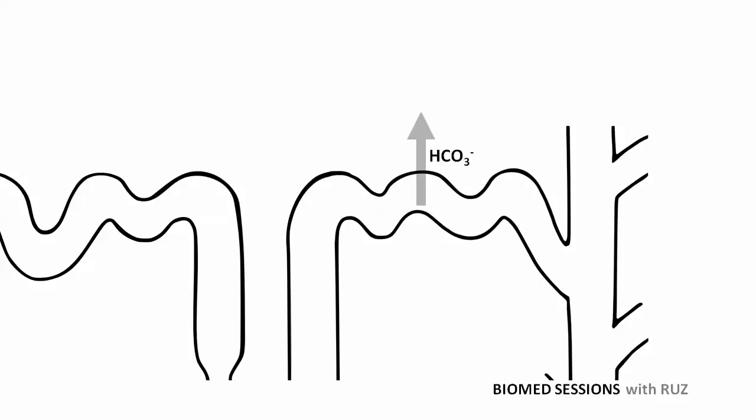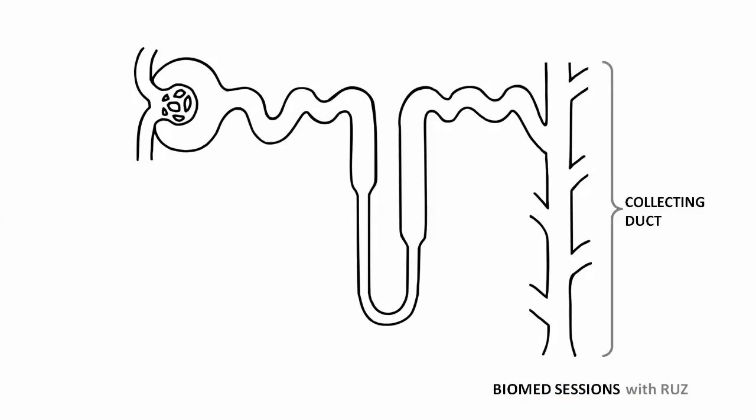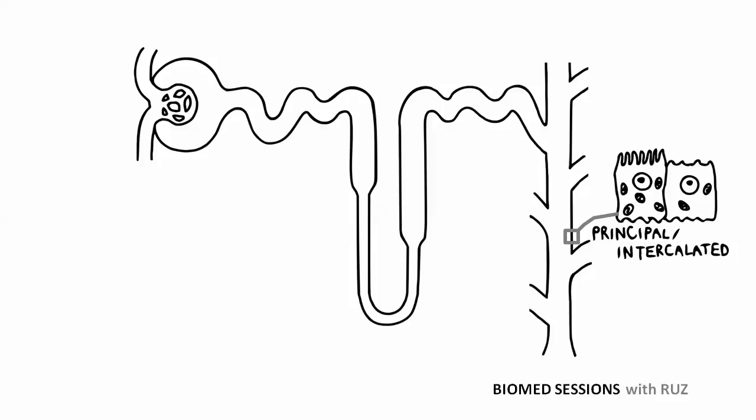Almost all remaining bicarbonate is reabsorbed, and although the distal tubule is normally impermeable to water, small amounts may be reabsorbed here too. The collecting duct, which is composed of principal and intercalated cells, is where the final adjustments take place before the filtrate leaves as urine.